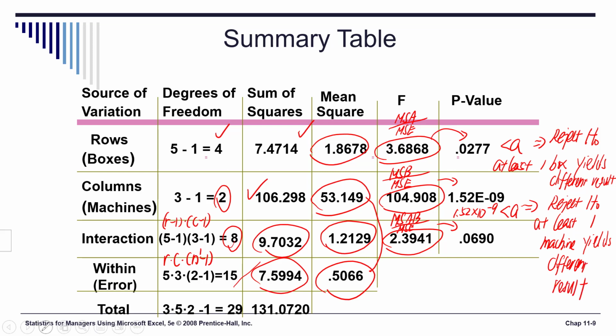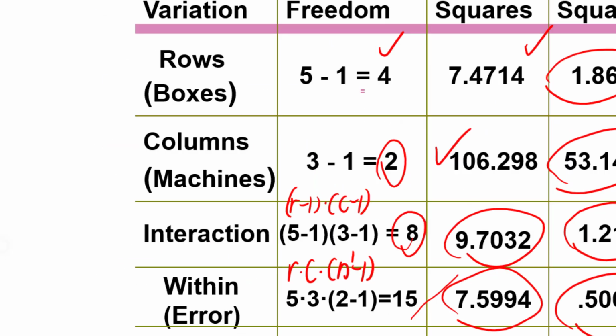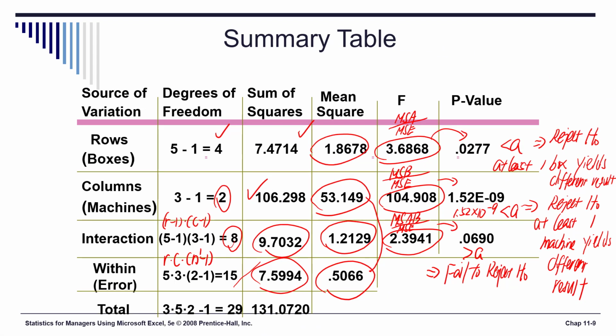And in terms of interaction, because the number is greater than alpha, that means we fail to reject H0. For the interaction effect, that tells us there is no interaction between the column factor and the row factor.